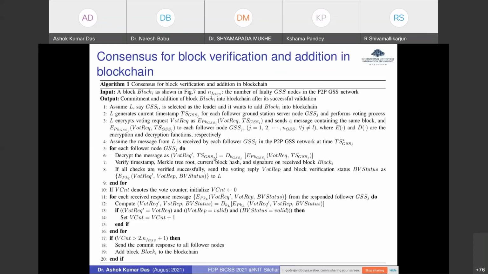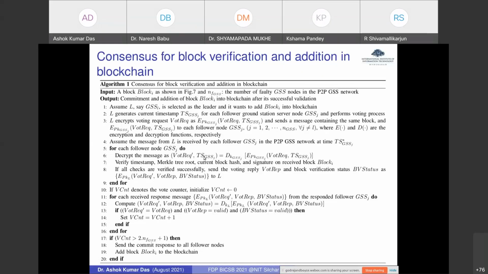Now let us assume that the message from the leader is received by each follower GSS node in the network at timestamp TS star GSSJ. Then each follower node will first decrypt the encrypted voting request with the help of its own private key, known as KGSSJ, to get the voting request as well as TSGSSJ.